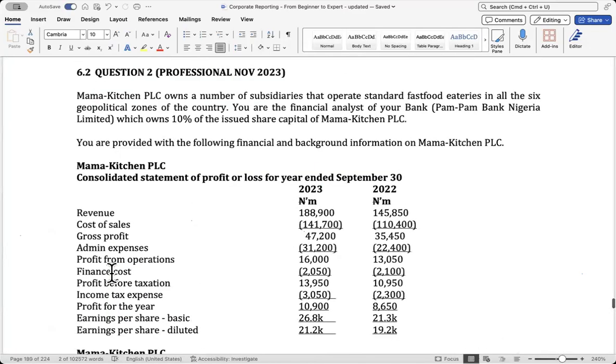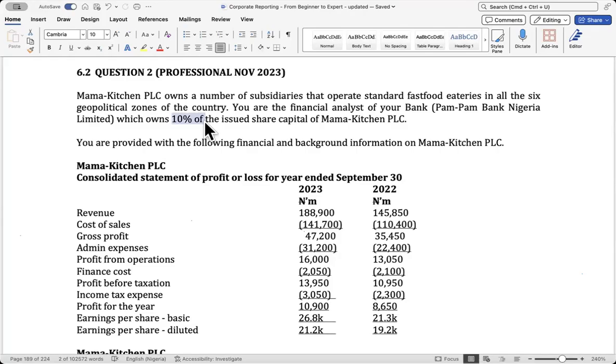When it comes to a question on ratios, again, I want to get a context. Within what context are we talking about? So I will quickly want to identify that. And from here again, I can see that we already own 10% of Mama Kitchen.